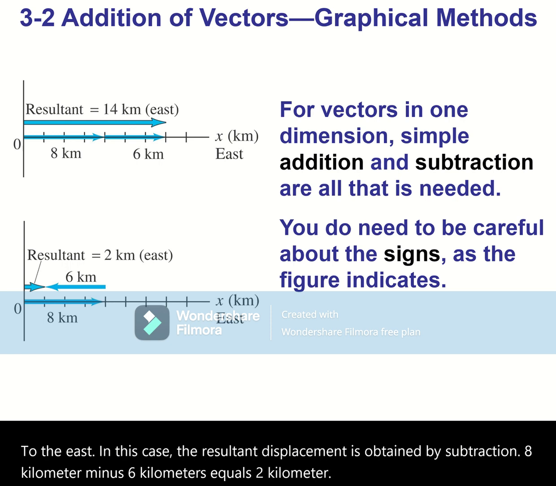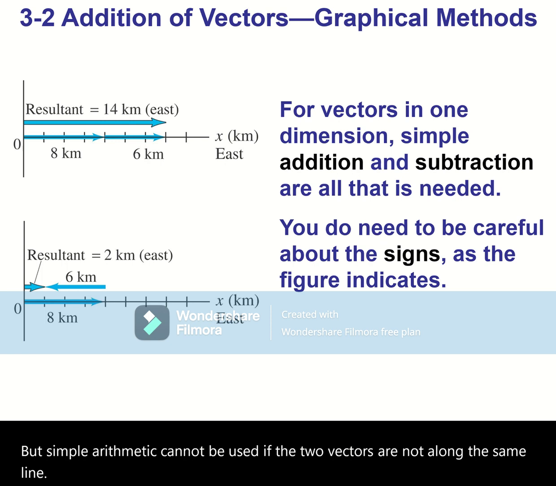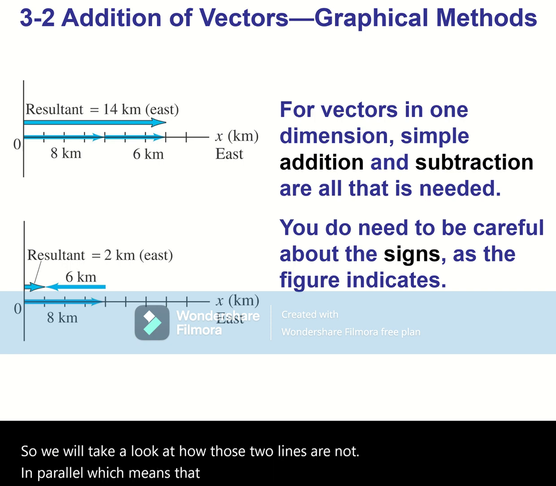But simple arithmetic cannot be used if the two vectors are not along the same line. So we will take a look at cases where the two lines are not parallel, which means that the motion occurs in two-dimensional space.